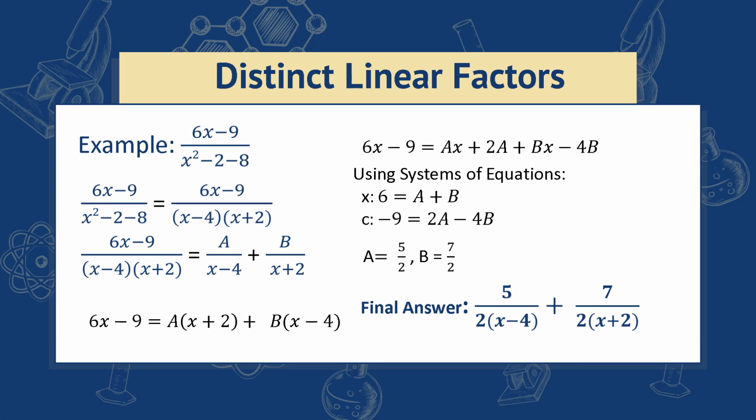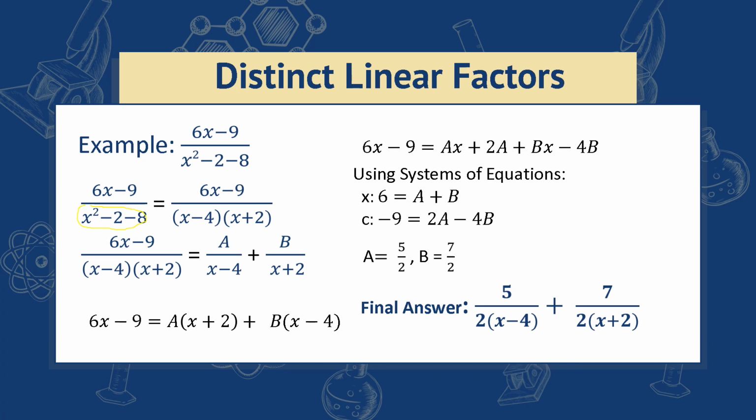An example would be 6x minus 9 divided by x squared minus 2x minus 8. So we could see that the numerator is x raised to the first power, while the denominator is x raised to the second power. So we could simplify 6x minus 9 divided by x squared minus 2x minus 8 by factoring the denominator first.